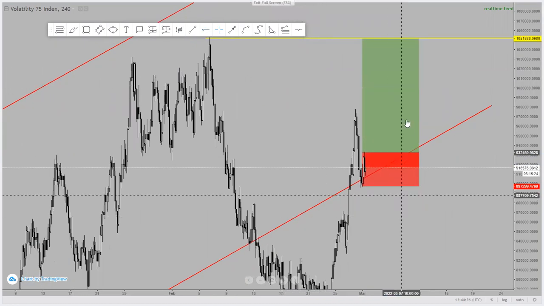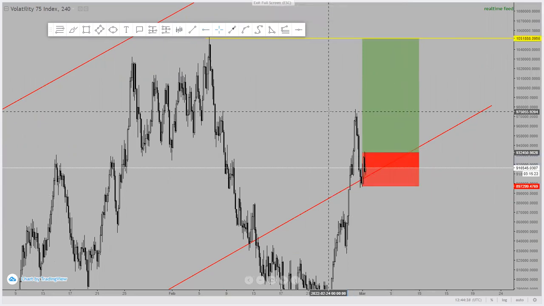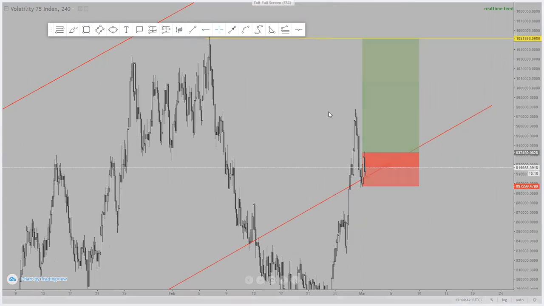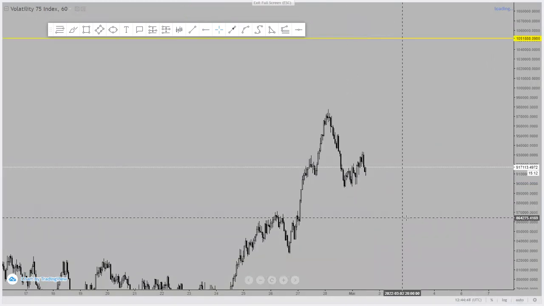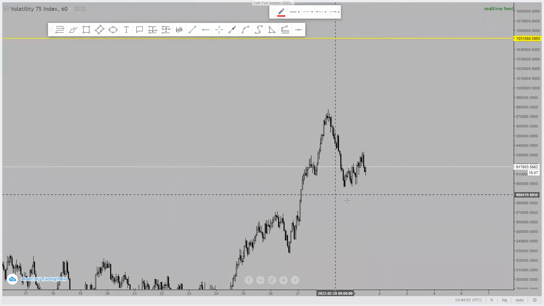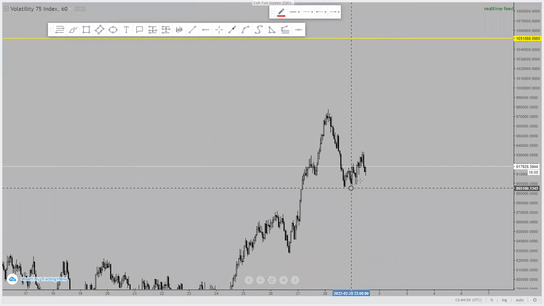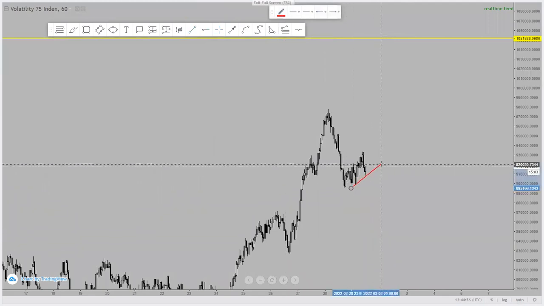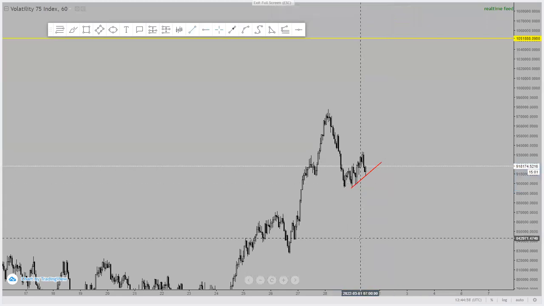Remember, there are different kinds of traders. Others are swing traders, others are scalpers, others are day traders. So if you scale down to a lower time frame, like the 1 hour, we now want to identify the buying opportunity. First touch there, second touch, third touch there.